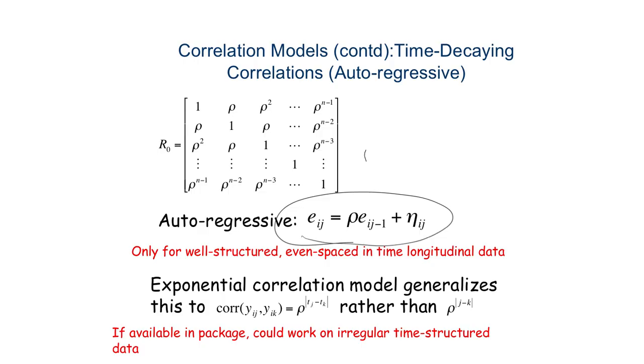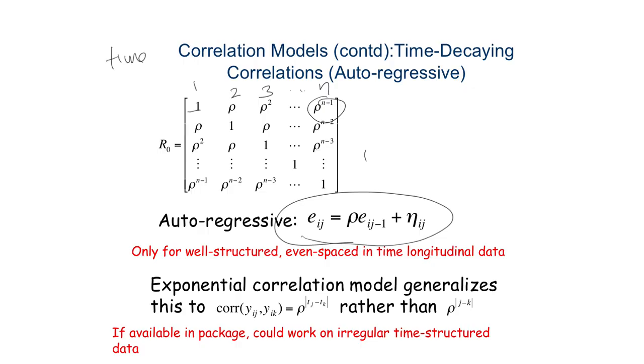So these are time, like time 1, 2, 3, to whatever time n. The correlation between observation 1 and observation n is this number rho raised to the n minus 1 power. Rho is going to be positive and less than 1.